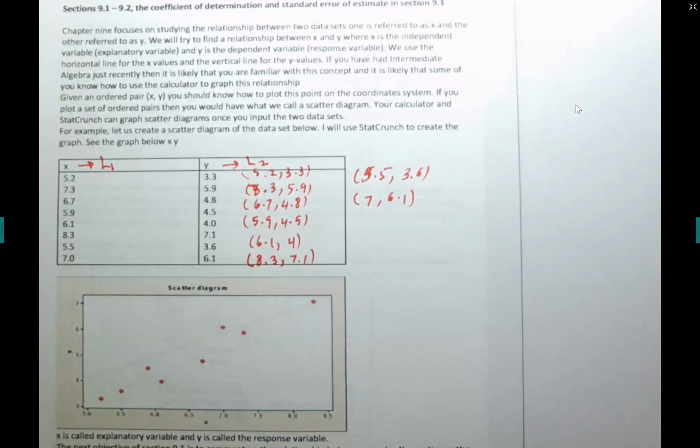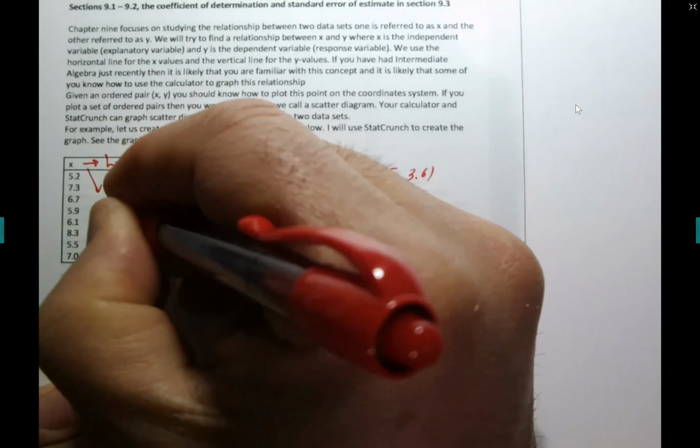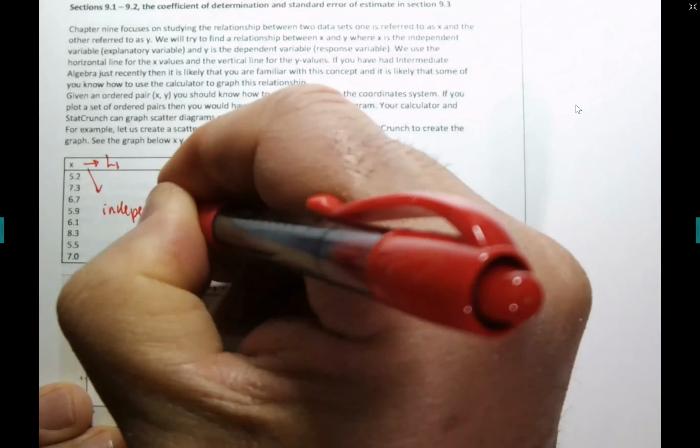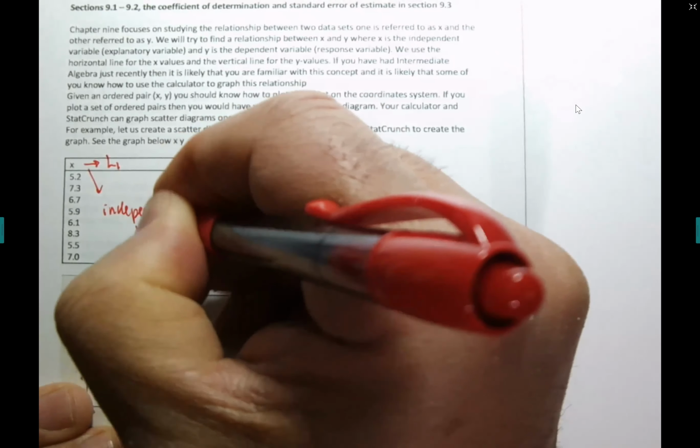Now, X, guys, is called the independent variable. And they call it also the explanatory variable, right here.